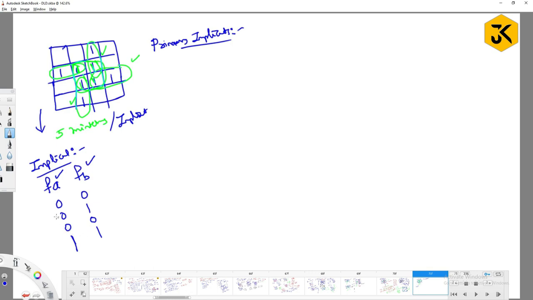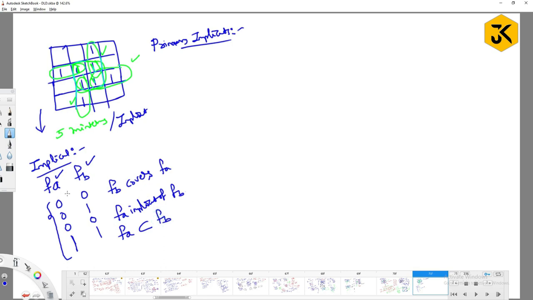Meaning, whatever terms are available for the fa function, are they a part of fb or not? Yes. So I can say that fb is covering fa, meaning there is no need of fa where fb itself is going to solve the task. Am I right or not? Meaning that fa is an implicant of fb, or I can say that fa is a subset of fb.